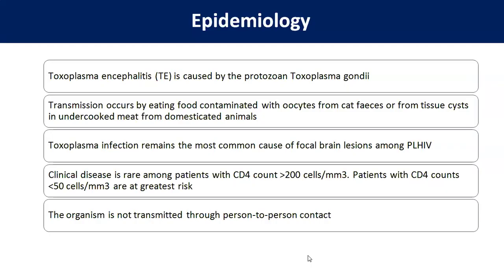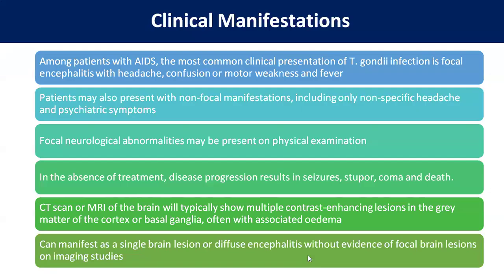Toxoplasma infection remains the most common cause of focal brain lesions among PLHIV. It is rare among patients with CD4 count more than 200 cells. Patients with CD4 count less than 50 cells are at higher risk. The organism is not transmitted through person to person contact.